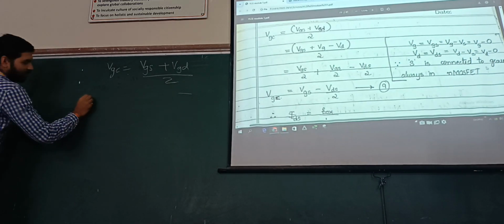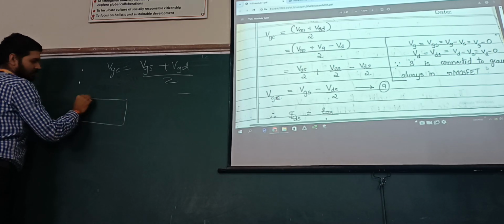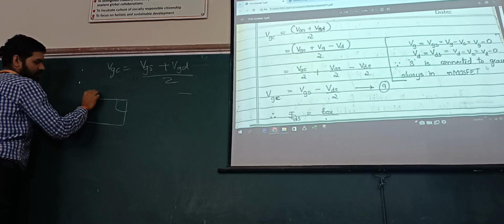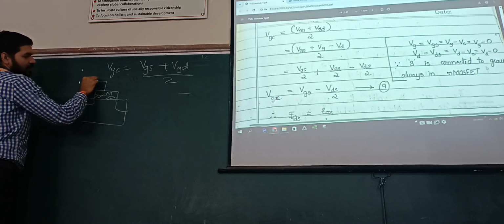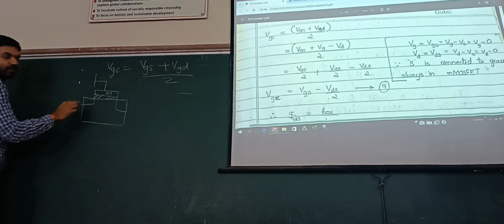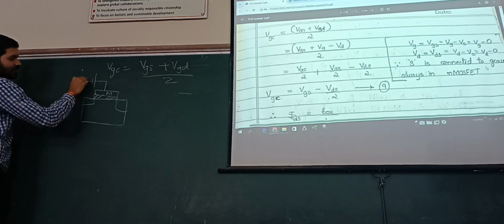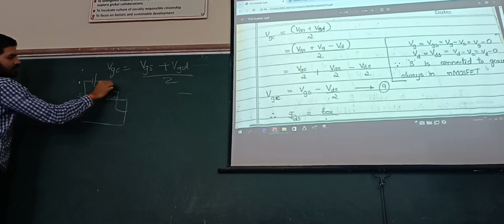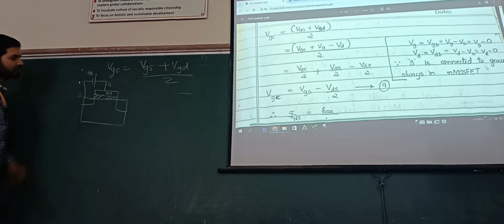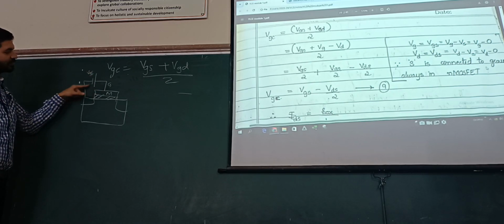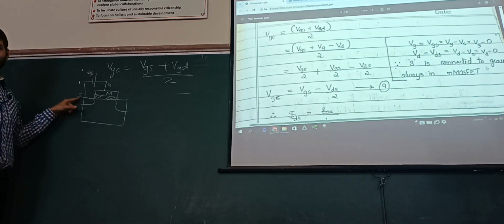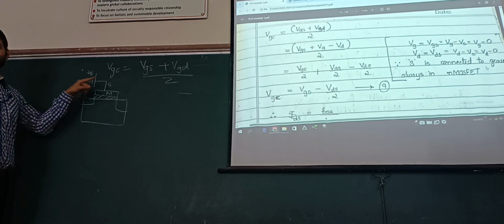If I draw the MOSFET, this is oxide and this is metal. VG is a potential, given with respect to what? Source is the negative terminal connected. So VG means it is VGS.